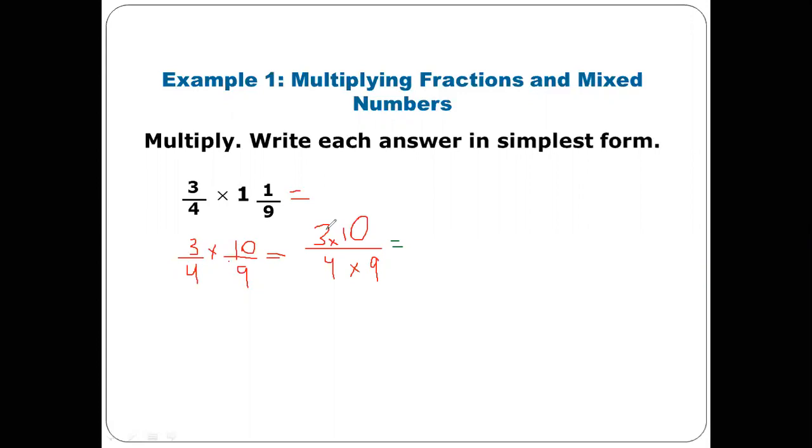It's clear that 3 and 9 share the same common divisor, which is 3. So 3 divided by 3 is 1. 9 divided by 3 is 3. If we look closely, we can notice that 10 and 4 share the same common divisor, which is 2. 10 divided by 2 is 5. 4 divided by 2 is 2.